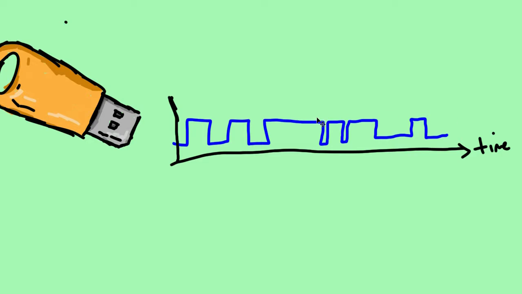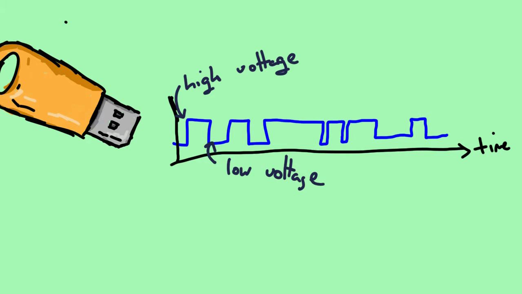We can see that the signal is varying with time, but only changing to two discrete values. This is a high and low voltage. And these could be any values depending on what signals are being sent and where this is used.